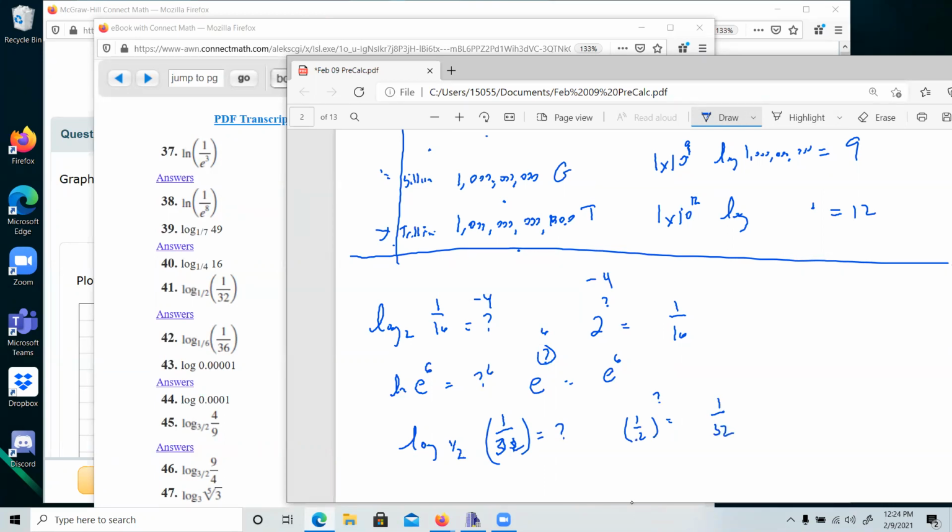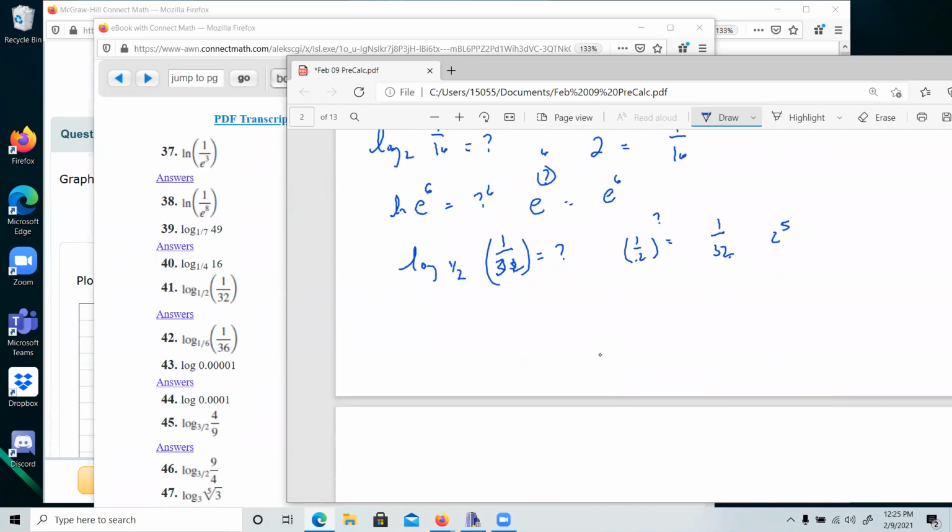Okay, 1/2 raised to what is equal to 1/32? 2 raised to what power is 32? It's 2 to the 5th. So this one is log base 1/2 of 1/32, and the answer is the 5th power, because I know 1/2 raised to the 5th is 1/32.